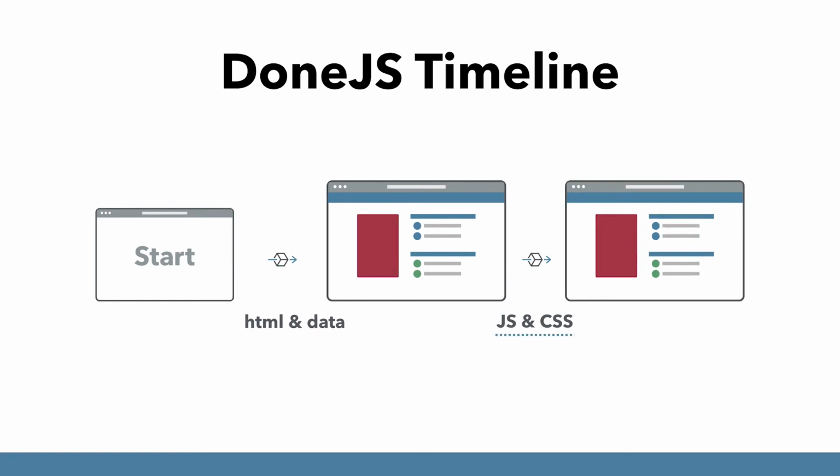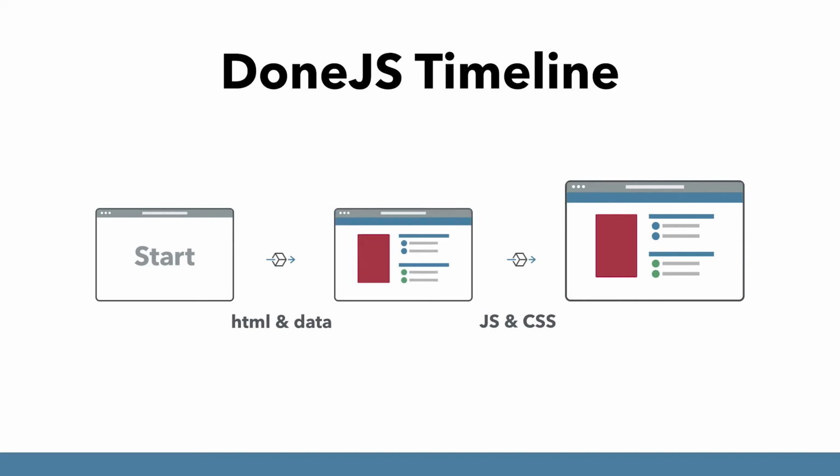So right now with DoneJS, if you're loading the entire HTML, the rendered page, the server has to do that, and then it has to wait until everything has been loaded before it can respond with the HTML page.